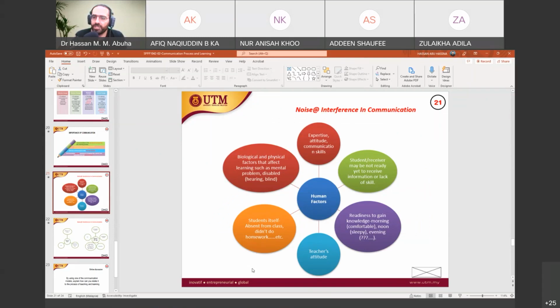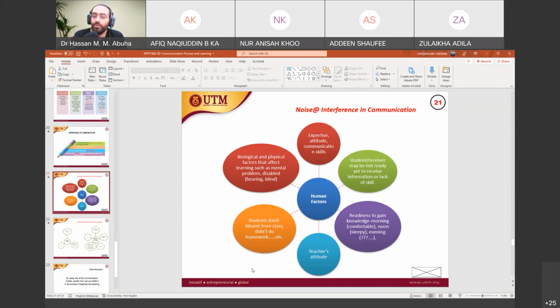These are called teacher's attitude factors, all right? If the class is, let's say, 6 in the morning or 7 in the morning, very early, then the readiness of your students is not going to be very high. Most of the students are going to be sleepy, all right? So you need to consider this factor as well, all right?